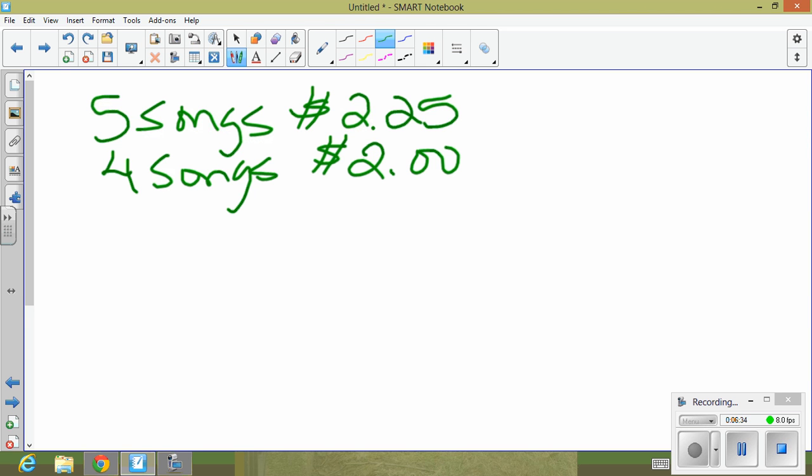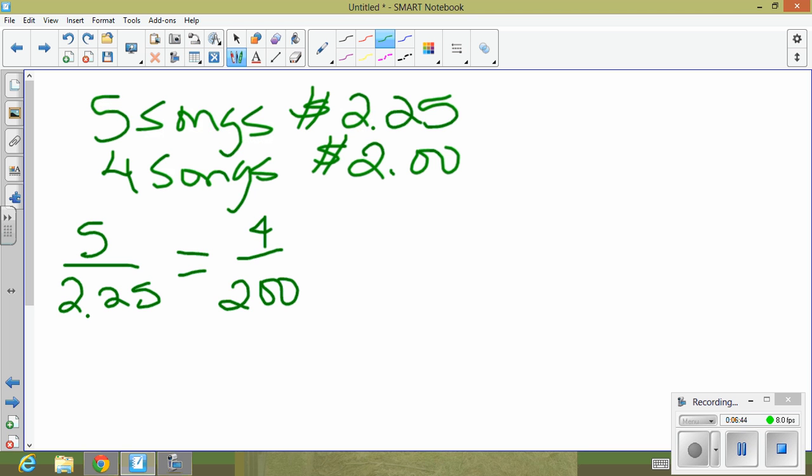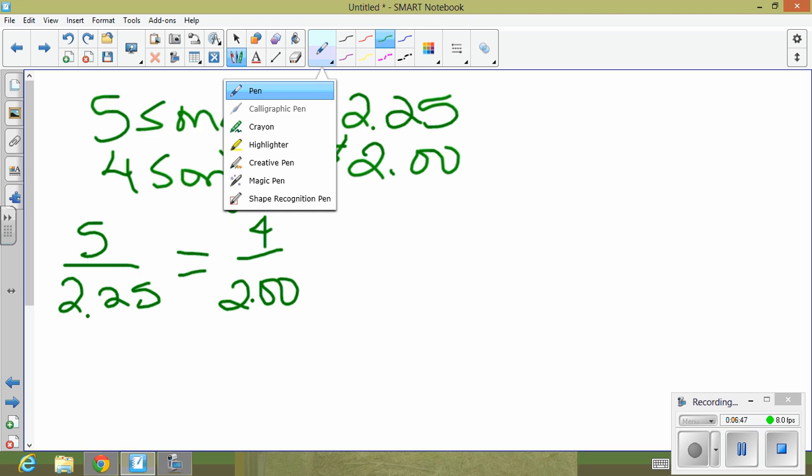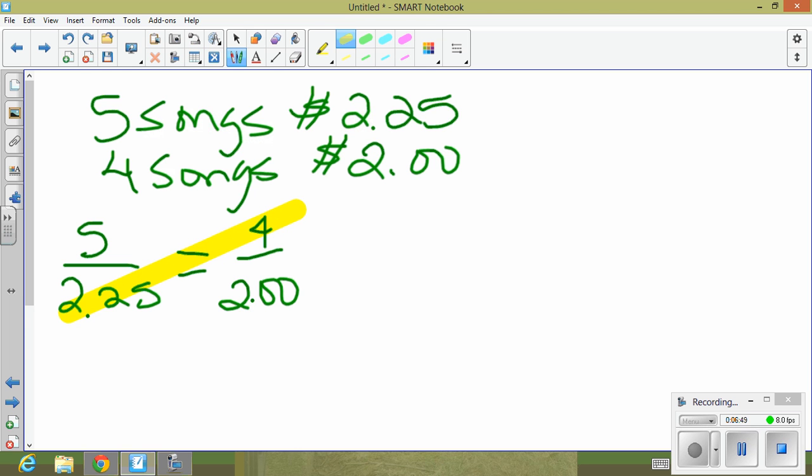So I need to set up ratios. 5 over 2.25, and that's equal to 4 over $2. And once again, we're going to use the cross product. So calculators, 4 times 2.25, I get a solution of 9. And then we're going to take the cross product in the opposite direction. And 5 times $2 gives me 10.